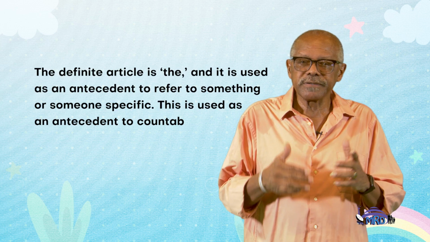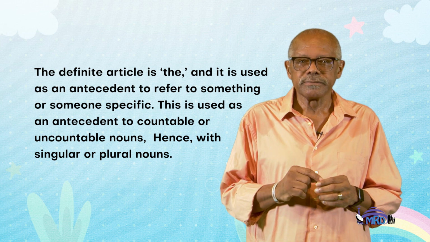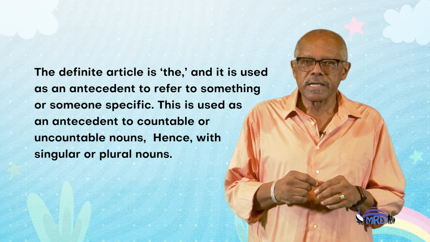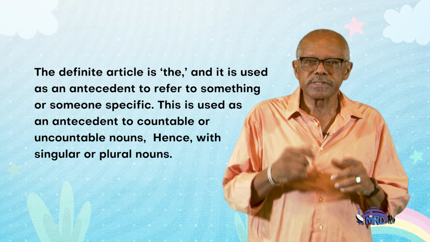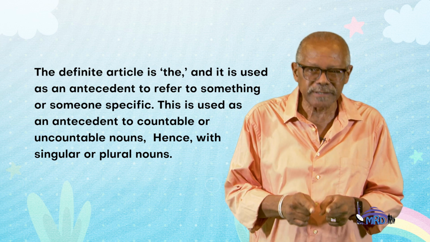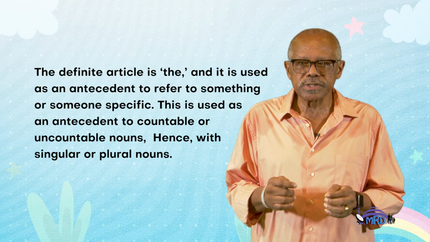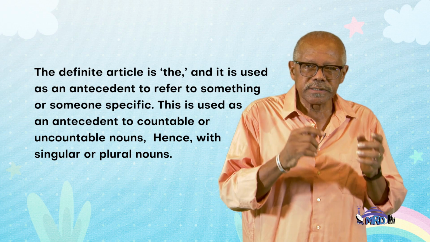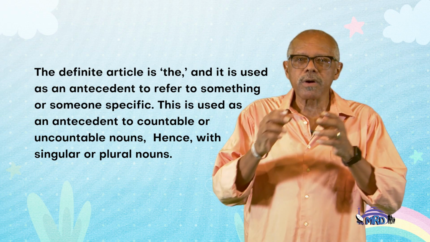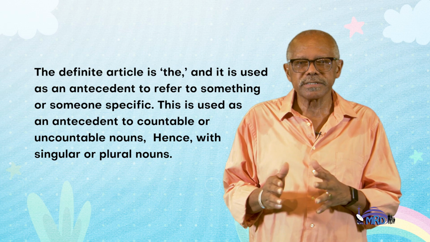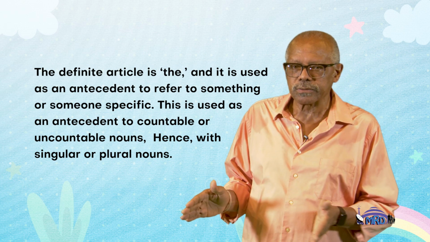There are two different types of articles in grammar. There's a definite article and also the indefinite article. The definite article is the, T-H-E, and it is used as an antecedent to refer to something or someone specific. This is used as an antecedent to countable or uncountable nouns, hence with singular or plural nouns.